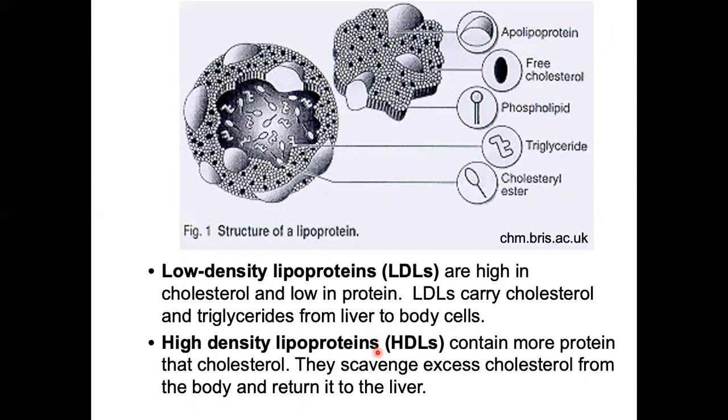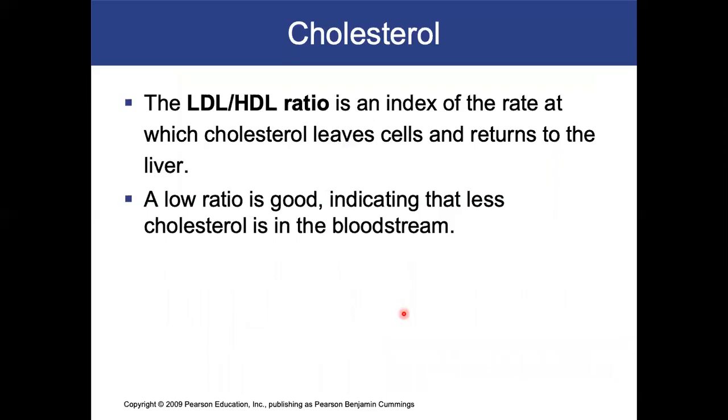You want more high density lipoproteins compared to low density lipoproteins because they are going to scavenge cholesterol from the body and return it to the liver. You can't obviously tell how many you have in the blood supply, so they give you a ratio. The LDL to HDL ratio is an index of the rate at which cholesterol leaves the cells and returns to the liver.